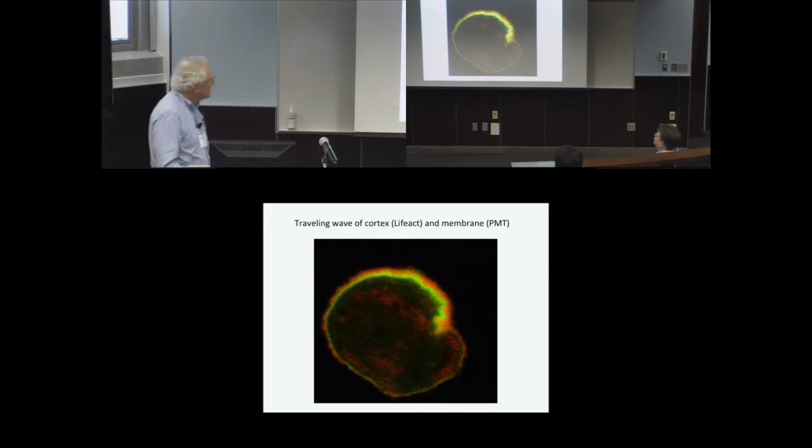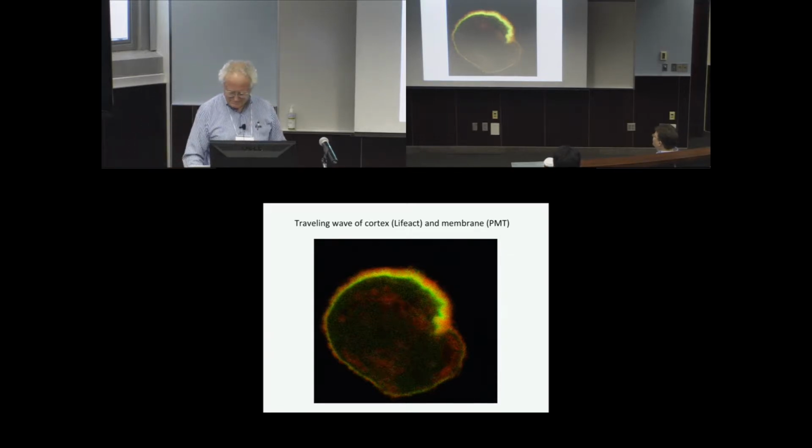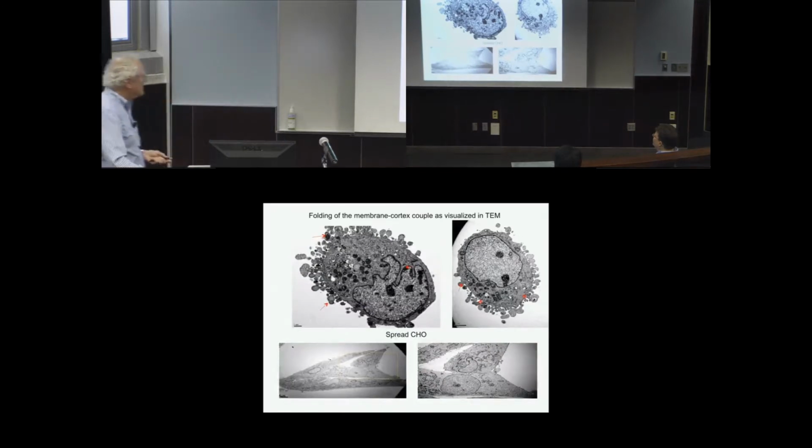Now, the reason that the red stain is broadened more than you would expect for a membrane stain is that what's happening apparently is that the cortex and membrane are getting progressively folded until we get big folds here. You can show that by fixing the cells that are oscillating and going through thin section transmission electron microscopy.